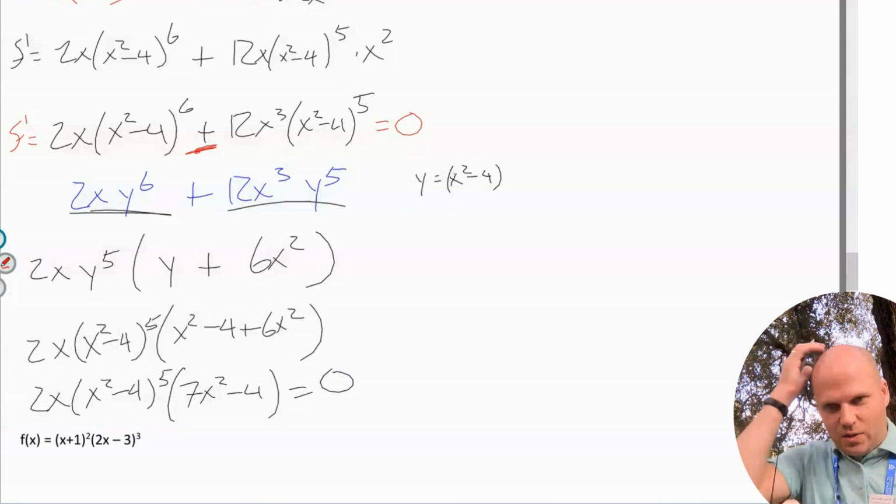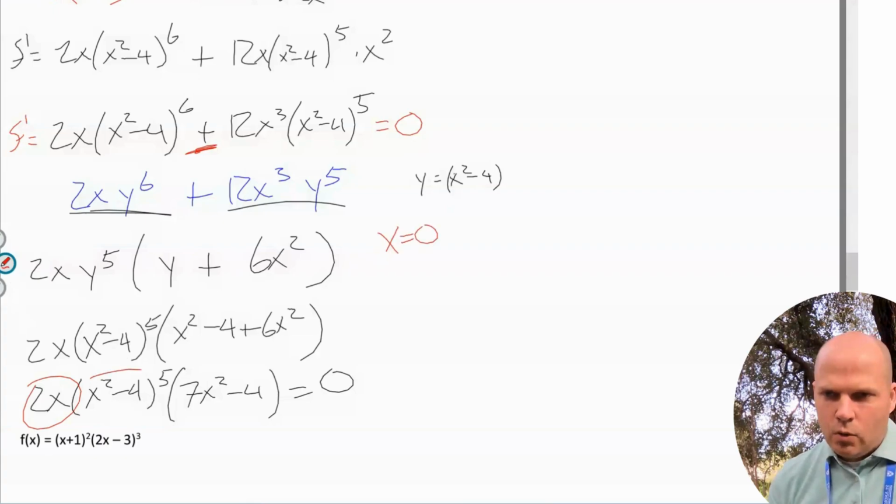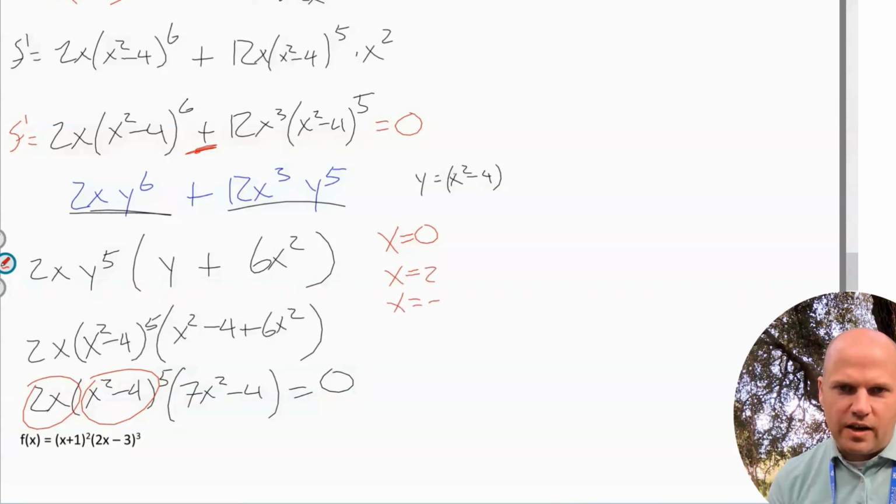When does this equal 0? Well, when do all of our pieces equal 0? That's what we're going to find out. So when does 2x equal 0? X equals 0. There's 1. When does x squared minus 4 equal 0? X equals positive 2, x equals negative 2.